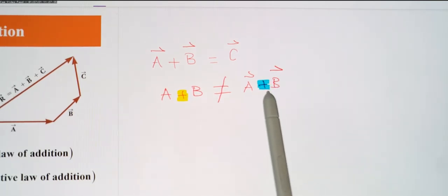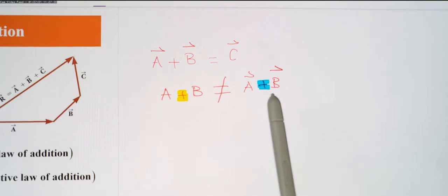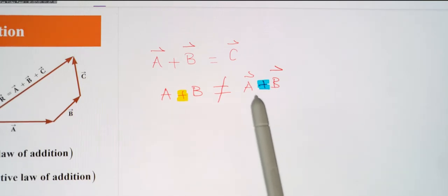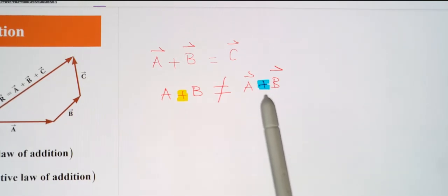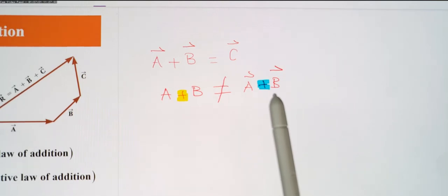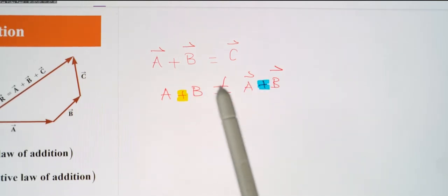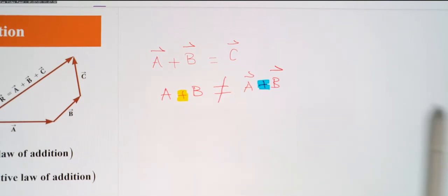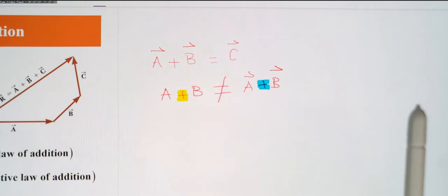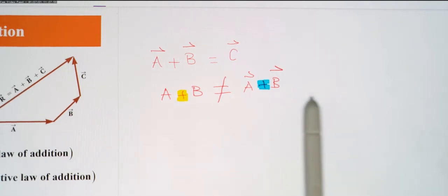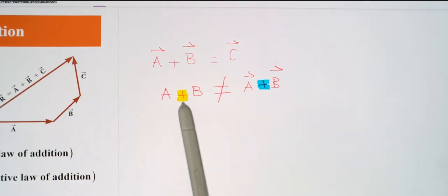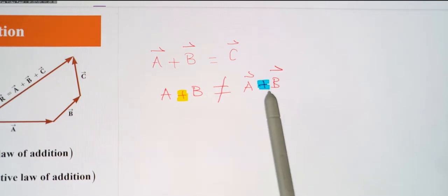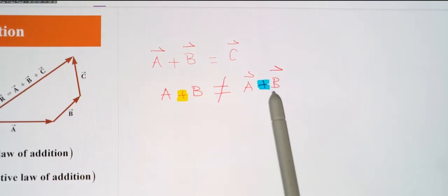However, here, vector A plus vector B, it's a vector addition. So they are not the same. Clear? Here, it's a number addition. Here, it's a vector addition.